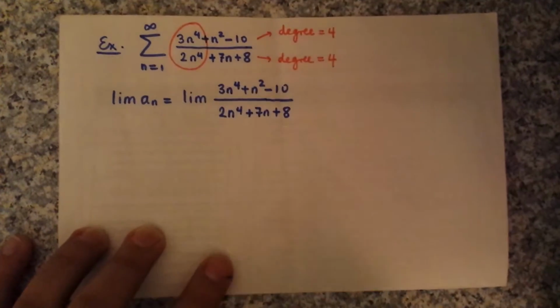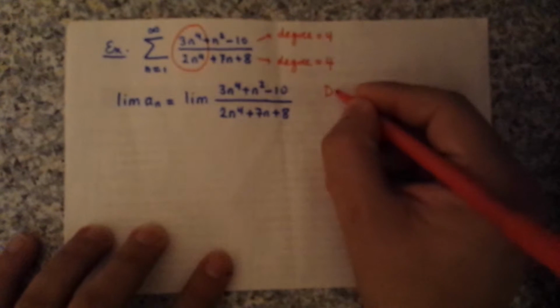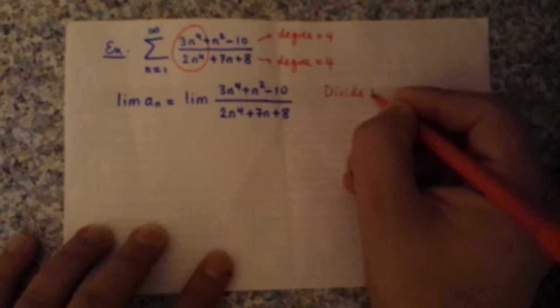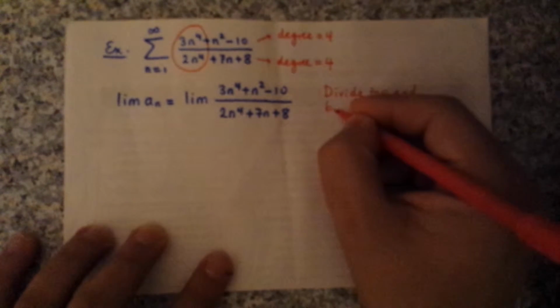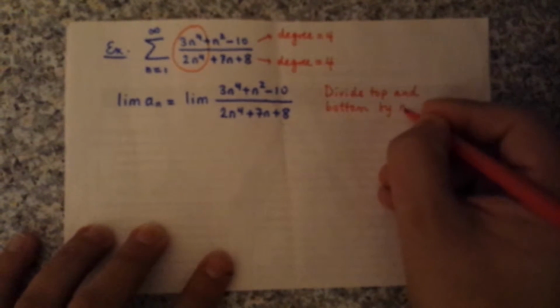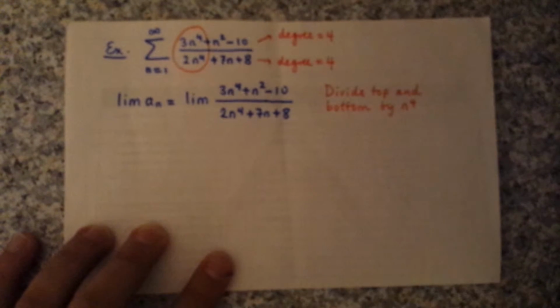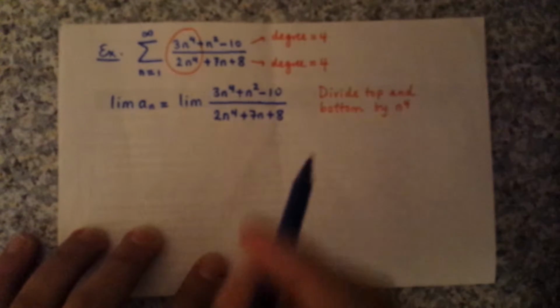So let's divide top and bottom by n to the 4. That's the largest power of n. You divide the top and the bottom by n to the 4 and see what happens.